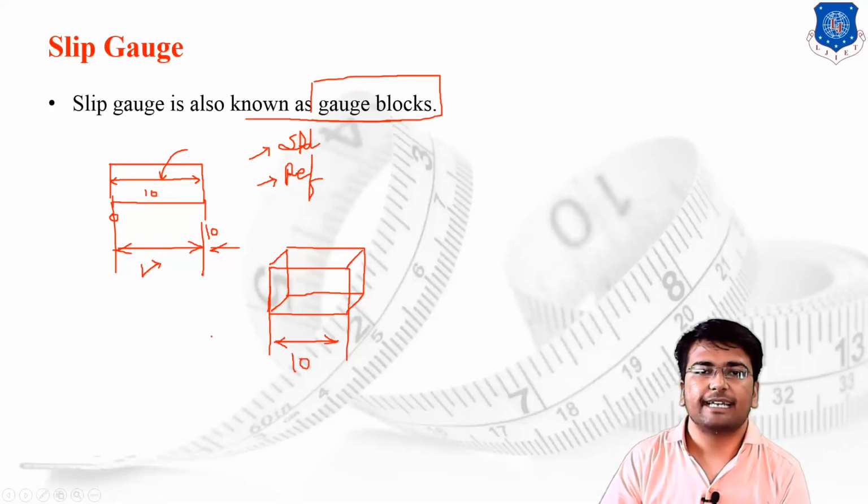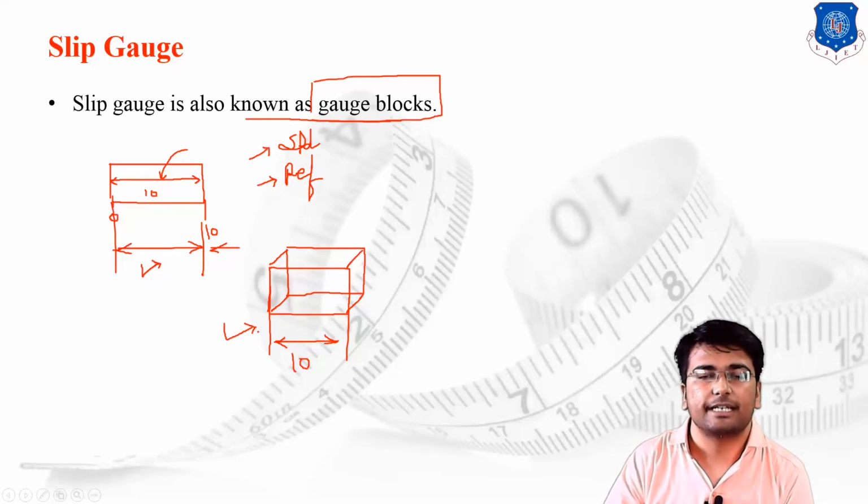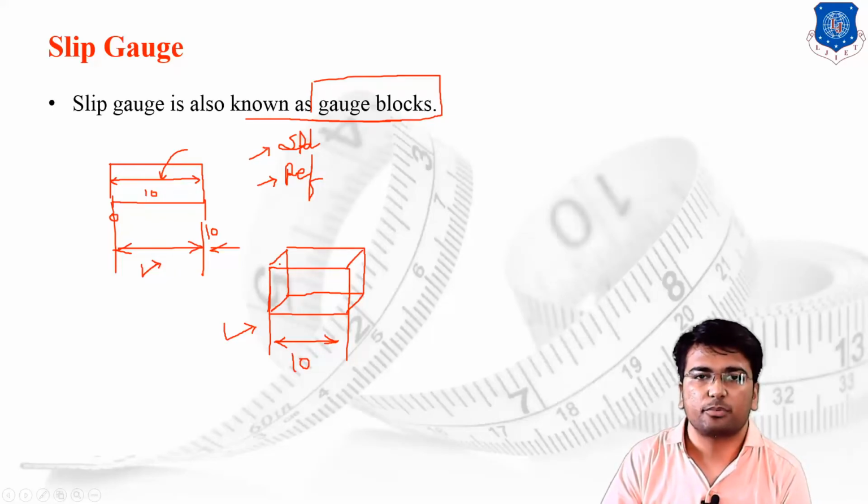In the best condition, this slip gauge works as a reference standard for 10 centimeter. We have done proper manufacturing, machining, finishing and super finishing processes over the slip gauge, so that we can eliminate the maximum amount of wear and tear. Then the distance between these two parallel surfaces is considered 10 centimeter.